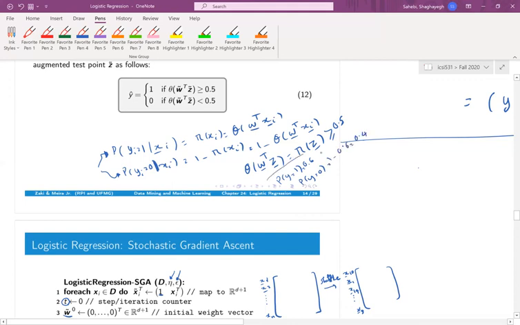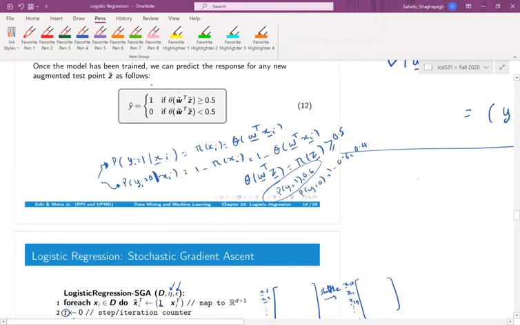So I would say, okay, the class label is probably 1 because the probability of y being equal to 1 is more, right? So if the theta of W transpose z is larger than or equal to 0.5, I would say the predicted class label is going to be 1. Otherwise, if it's less than 0.5, meaning that 1 minus that is larger, then the class label that I predict is going to be 0.